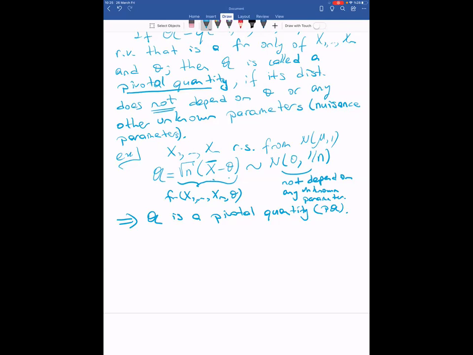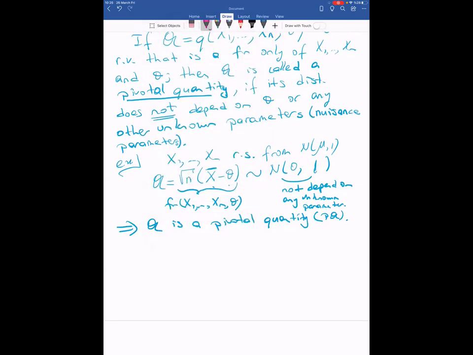Actually there should be no n here. It should be just one, right? So we can use the standard normal table here, and then it is easy to define the upper and lower bound of the pivotal quantity. And then we can write an interval for theta very easily. So pivotal quantities help us a lot. But this is only for location and scale parameters. Okay, so we have this basic theorem.